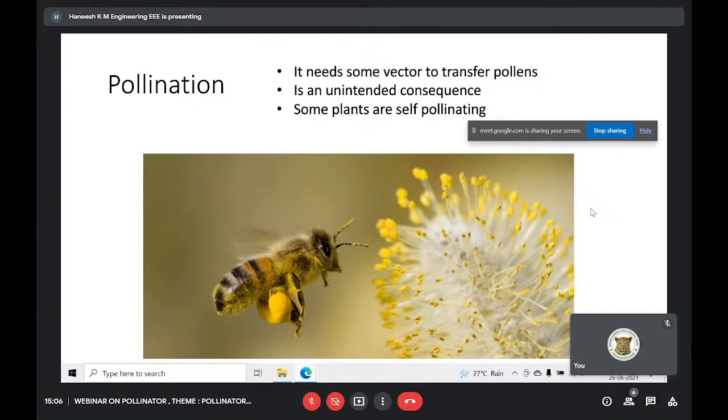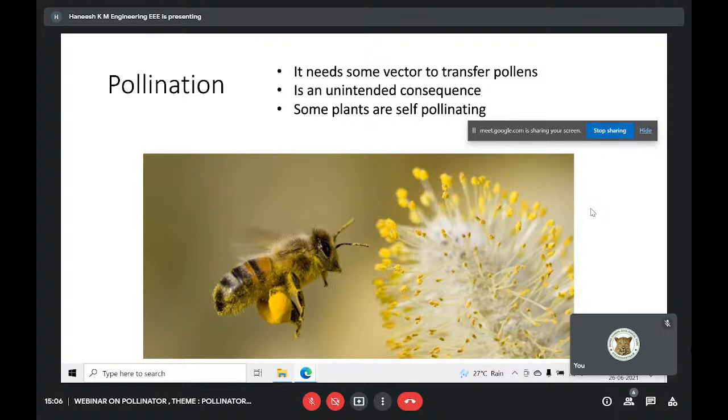Some plants are self-pollinating, but in most of the other plants, there needs to be some agent or vector to take the pollens from the male parts to the female part of the flower. That is where you need pollinators or some pollinating agents.